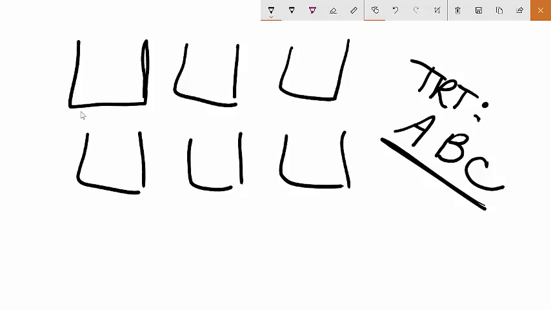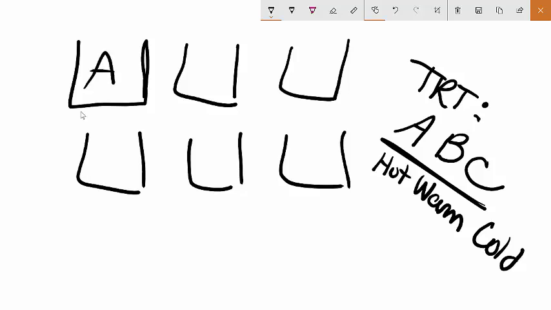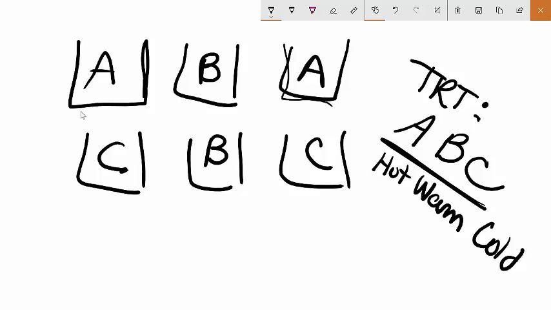So let's call A hot water, B warm, and C cold. If we pass this out, maybe this one gets an A, this one gets a B, B, A, C, C. So that's just a random passing out of the treatments, and again, your tank here is going to act as your experimental unit.